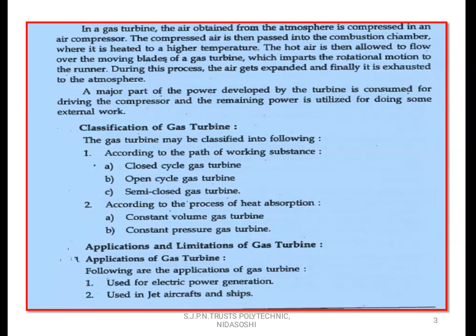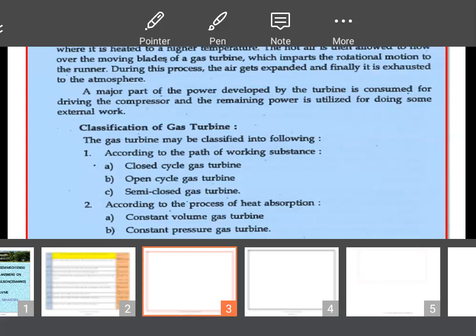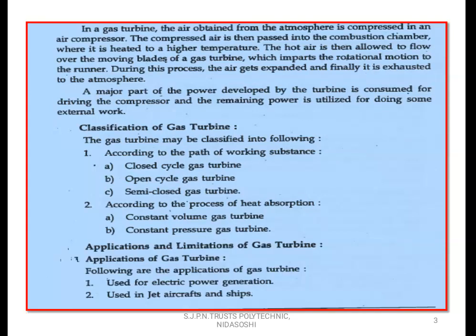Open cycle gas turbine means the cycle is open, where the working substance is continuously exhausted to the atmosphere. Next, the semi-closed gas turbine. Here, a part of the working substance is exhausted to the atmosphere, and the remainder is used for working in the plant.